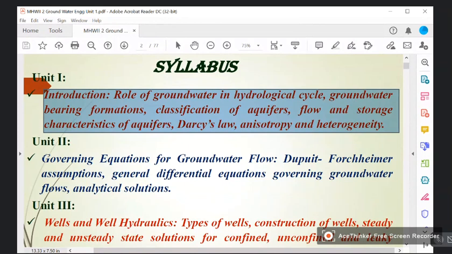Now, all of you go through unit 1, and what I want you to do is try to identify something which I have not covered, if at all any. You take any textbook, they are all available on the internet. You can download and go through them, study these topics, and try to come.